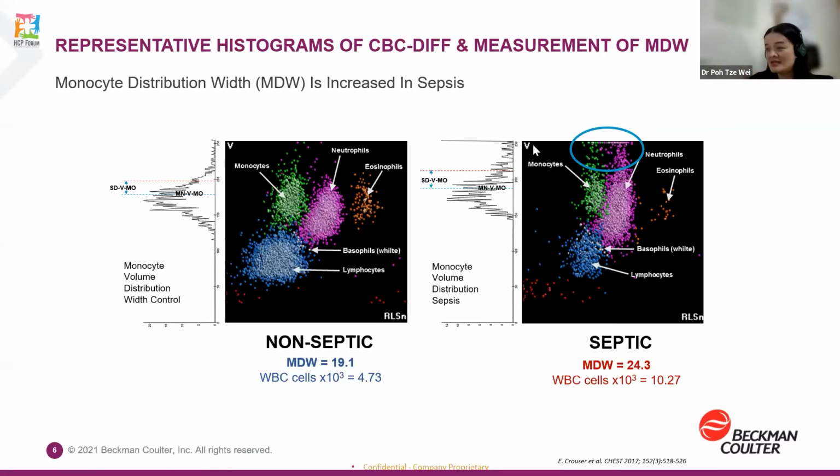However, there is a certain limit to which you can measure it, because if you don't measure it on an extended volume range, the monocytes may cluster right at the top near the y-axis. But with the activation of this particular parameter on our hematology analyzers, you're measuring the change in monocyte distribution width on an extended volume range, and this allows for more accurate accounting of the monocyte distribution width value here.